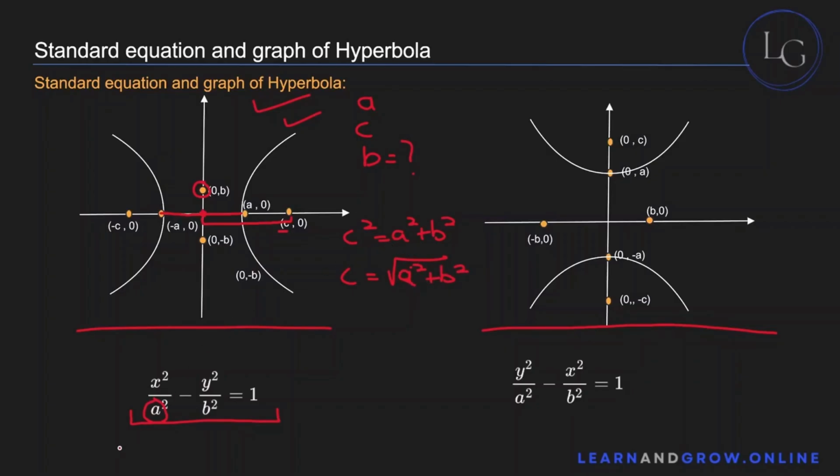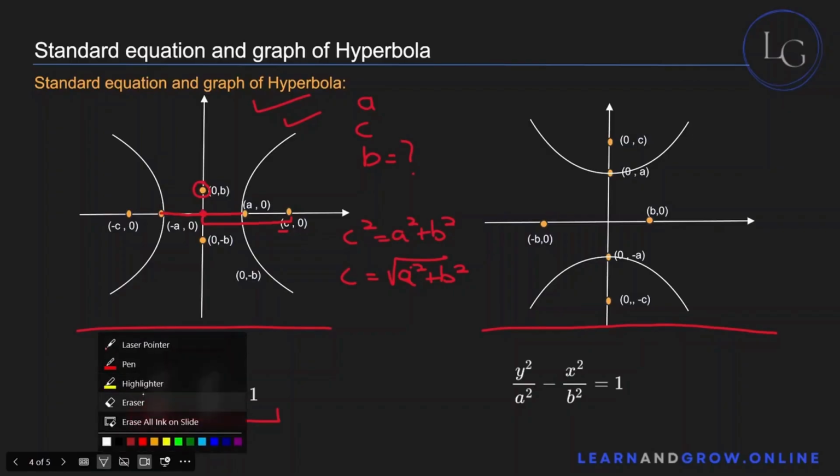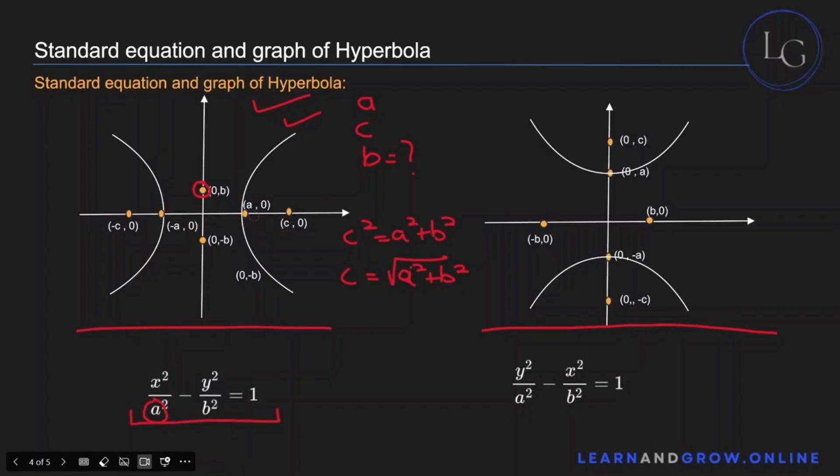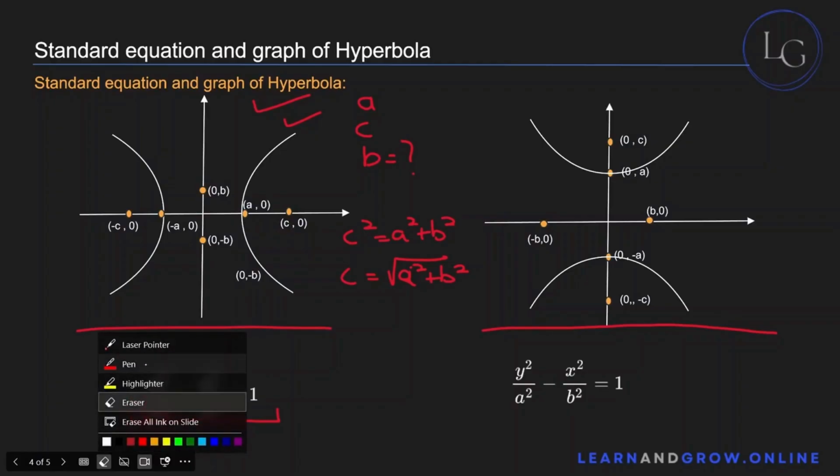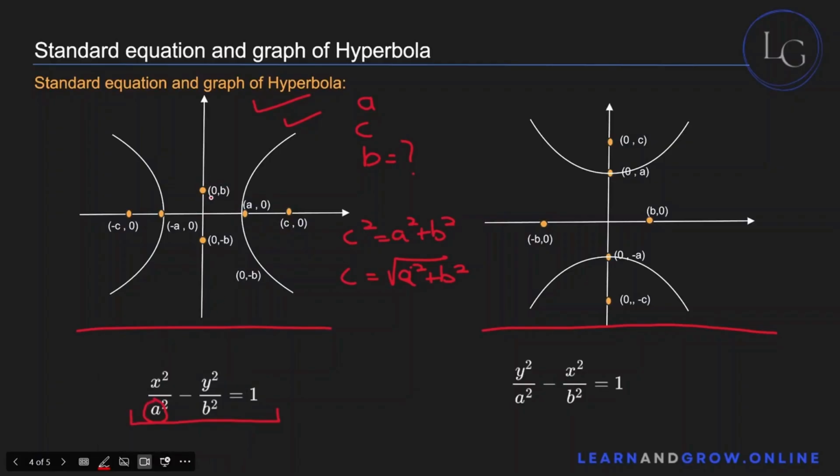So what that means is that, let me just clear this up. It means that this is the distance B, right? This is the distance A, right? And this is the distance C, okay?